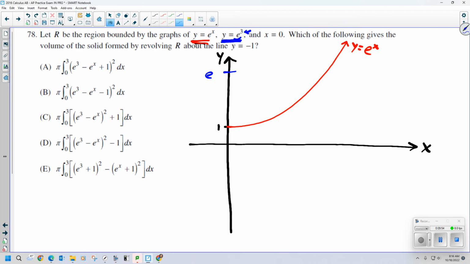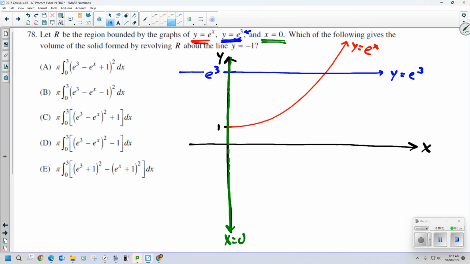Let's say here is e cubed, this horizontal line. That's y equals e cubed. All right. And x equals 0. x equals 0. Okay. Is this right here? Do that in green.